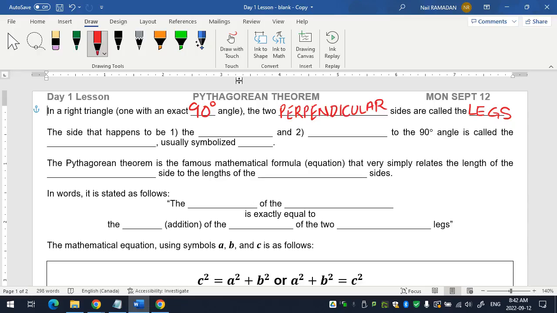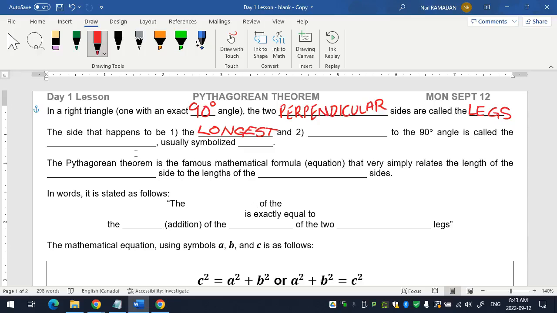We're math people. We're not fans of big words, but we have to know it at least once. So the side that happens to be the longest has to be the longest. This universe will not work if it's not the longest. And also, if I hold the right triangle this way, where is this longest side as far as the 90-degree angle is concerned?